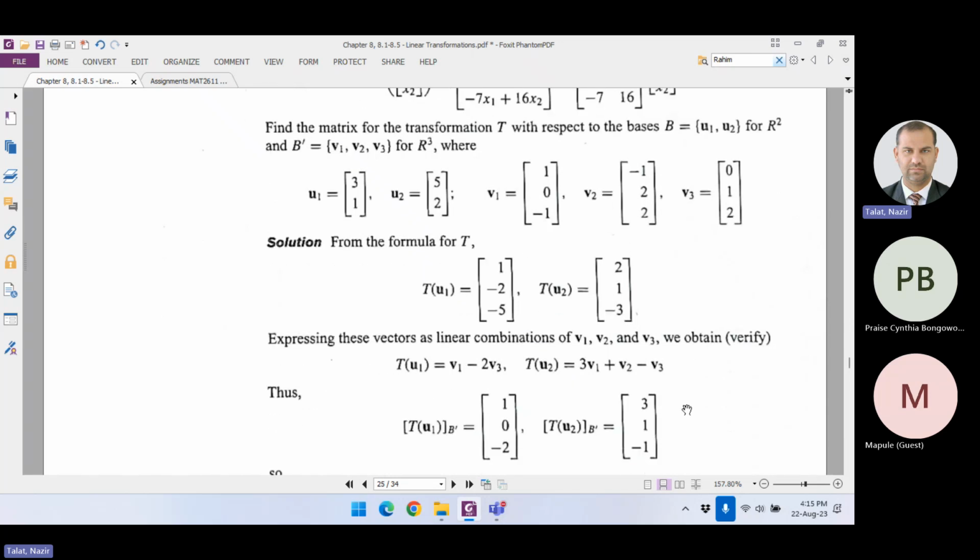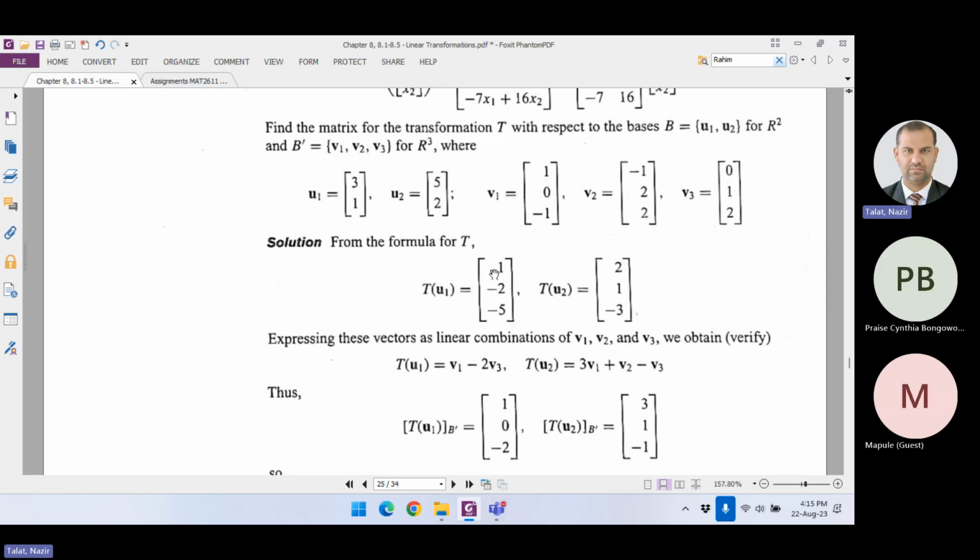So when we get these two elements, we have noticed that we can express these vectors as a linear combination of v1, v2, and v3. Like this, the element (1, -2, -5), and the other element is T(u2), which is 2v1 plus v2 minus 3v3. So we just express these as linear combinations of v1, v2, and v3.